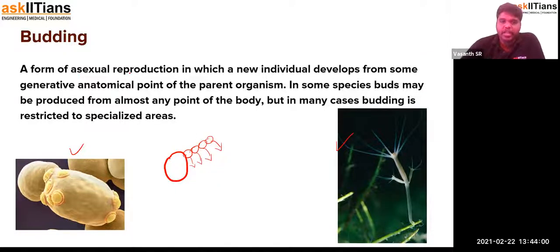See the type of asexual reproduction, where a new individual develops at an anatomical point of the parent organism. This is a bud forming, and this is also a bud forming. All the things I am circling are buds forming. These buds protrude and then develop into a new organism. In certain special types, buds can also be produced at any point.